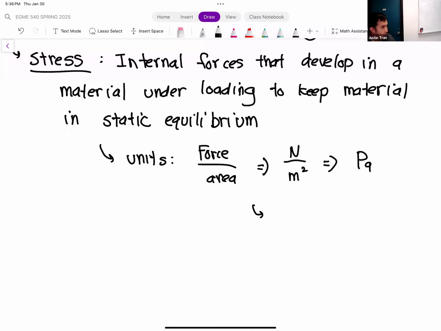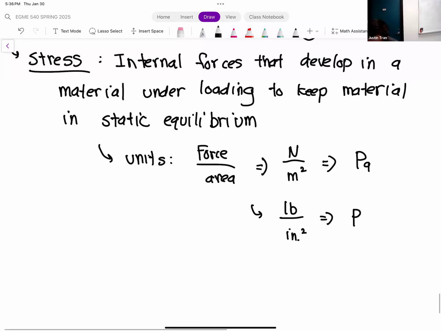The imperial unit equivalent, the most standard one, is pounds per square inch, or what you hear more often, PSI. PSI stands for pounds per square inch.